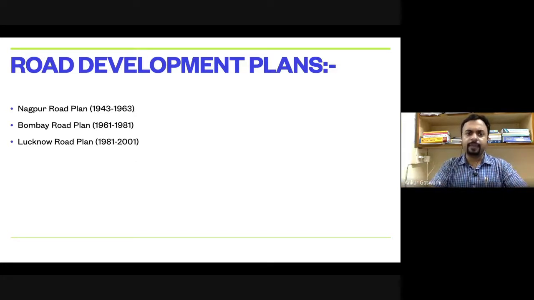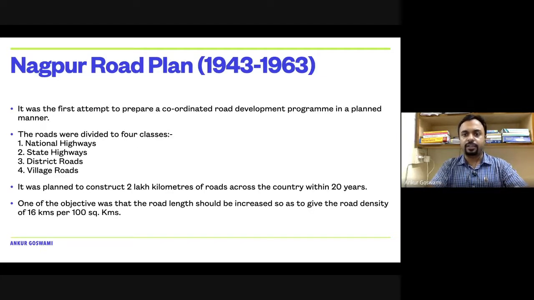The Nagpur Road Plan is the initial road plan that we study, which started in 1943, and the execution was done from 1943 to 1963. The roads were divided into four categories: NH, National Highway; SH, the state highways; district roads; and village roads. It was planned to construct 2 lakh kilometers of roads across the country within 20 years.